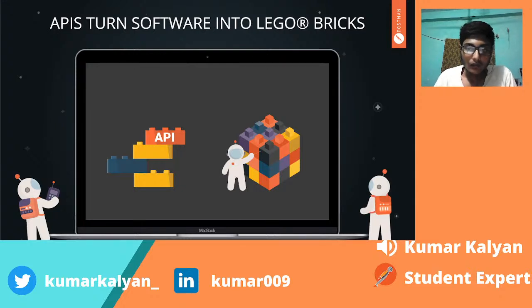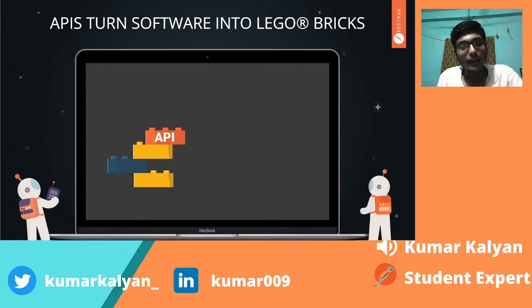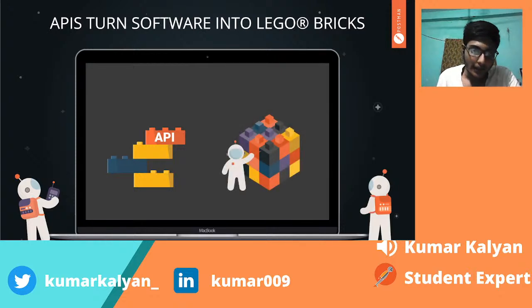So now APIs also help us decompose huge system software and enable us to use these services. Like I have already mentioned, suppose you are going for the Spotify API, you don't need to write the code. You can simply send a request to the Spotify API, right?